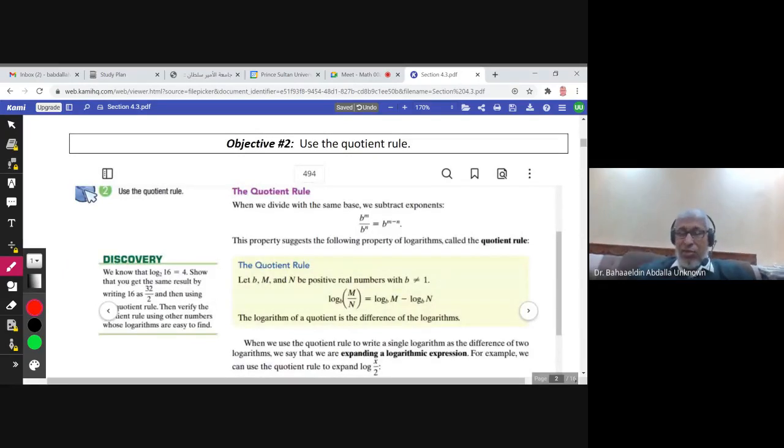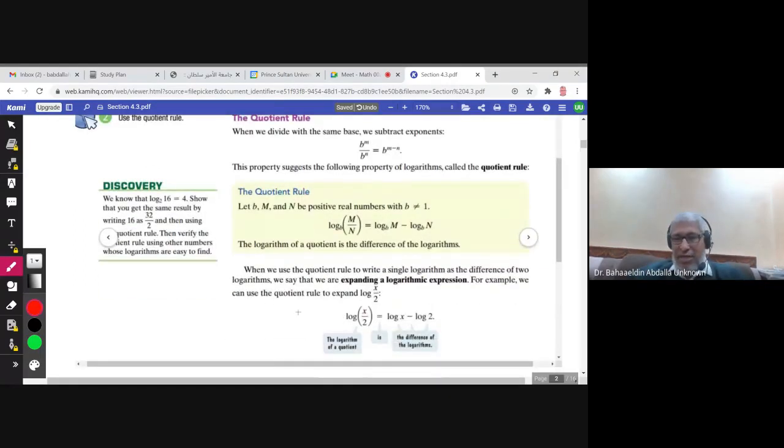Okay, the second rule is the quotient rule. Quotient means division. We have a fraction. So look at the rule and try to understand it carefully. Log of m over n. This time, inside the log, you have a quotient or division, m over n. And notice again that in the left-hand side, you have one log. In the right-hand side, you have two logs and subtraction.